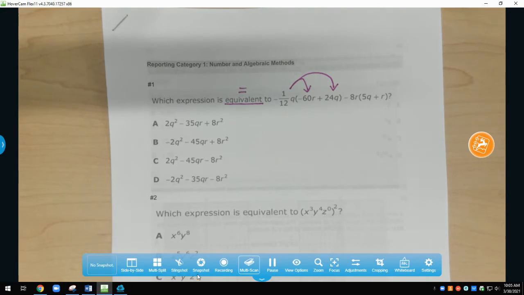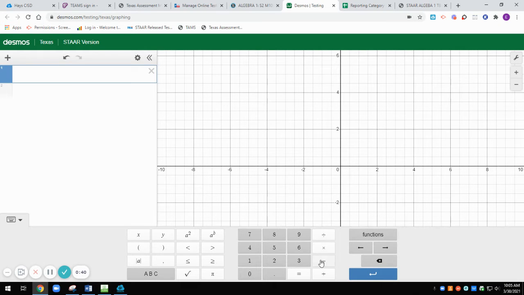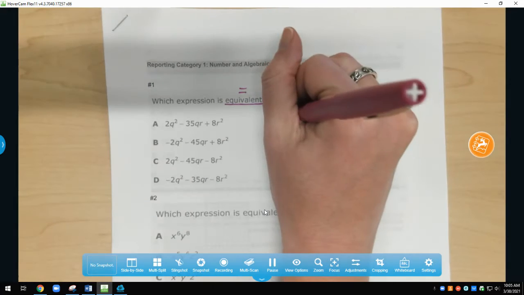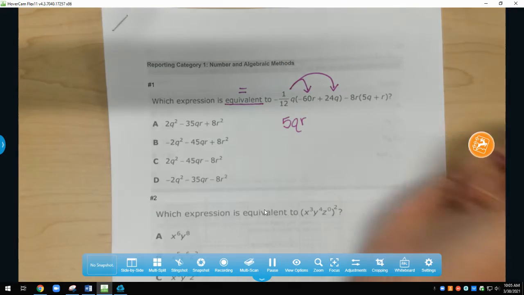So I'm going to go to Desmos, and I'm going to type in negative 1 divided by 12, arrow out of the fraction, times negative 60, and I get a positive 5. So we're going to have 5, and then I have a q and an r, so qr.